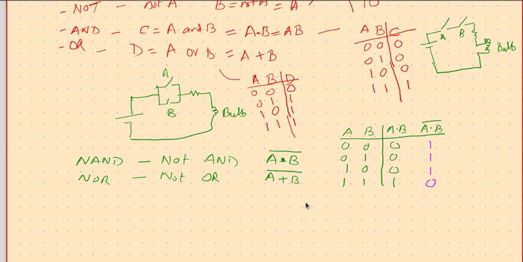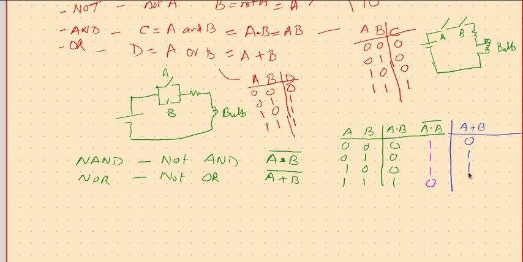That is the AND operation. Then let us check for OR and NOR. OR, as we know, will be 0 only for the 0 0 condition.